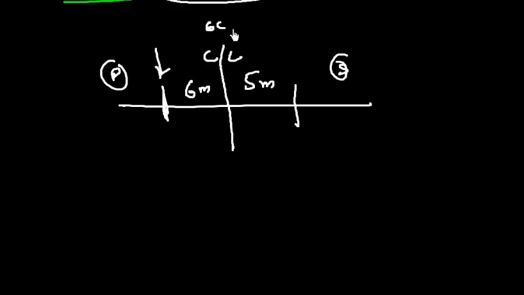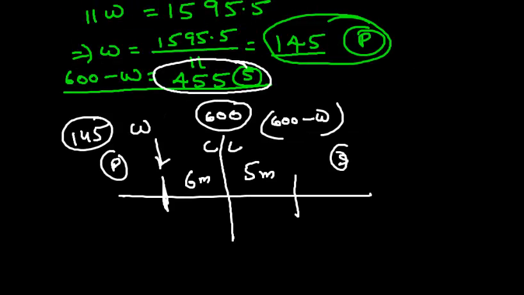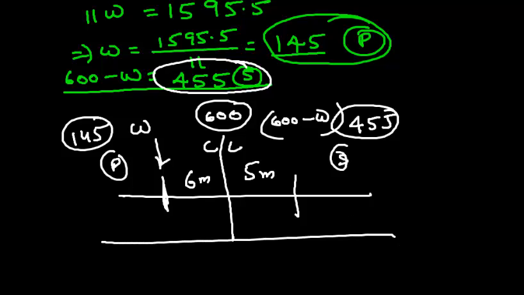I load something here out of this 600 ton total. I load W here, and the starboard is 600 minus W. So I load 145 this side, and this side I load 455 on the starboard side to make the ship upright.